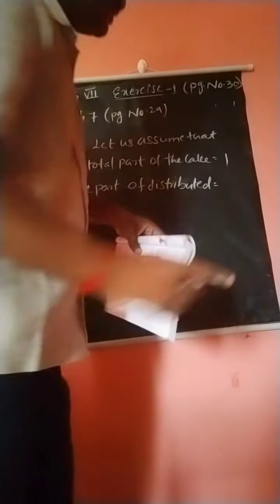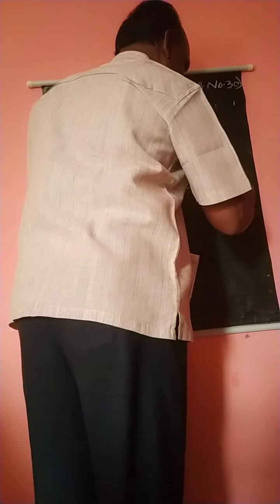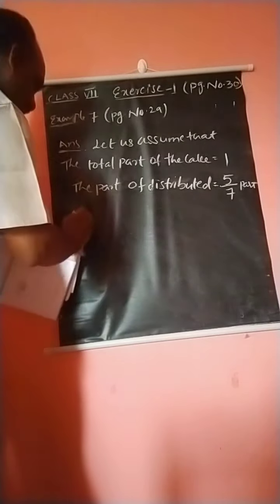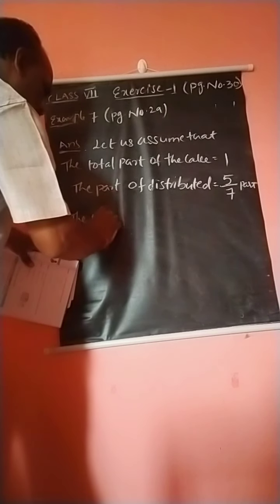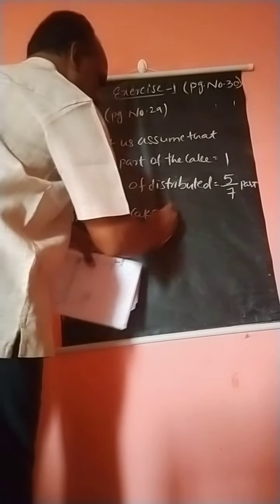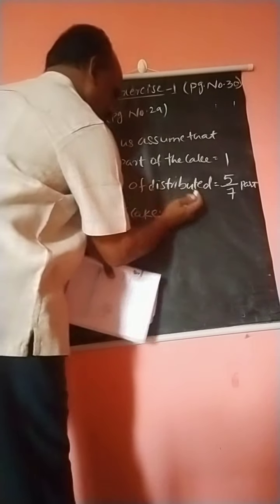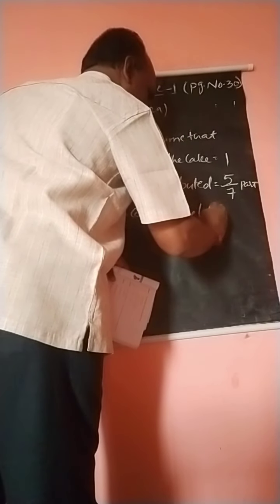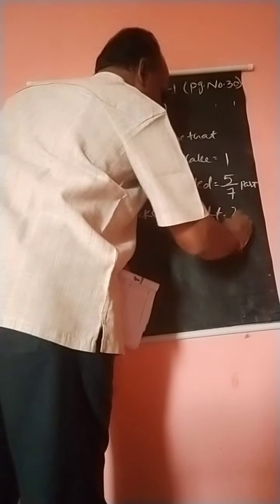That is 5 by 7 part. Next it is asking the cake left. The part of the cake that will be left is equal to question mark.